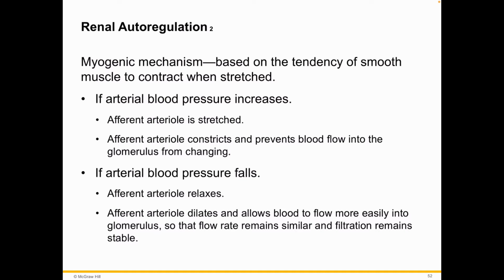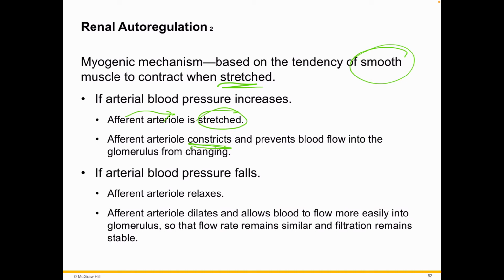Okay. So in terms of the muscle one, the myogenic one, this is referring specifically to the smooth muscle, and it's based on a stretch reflex. If we feel that the arterial blood pressure is increasing and we have that stretch reflex sensed in the afferent arteriole, the input arteriole, we can do a constriction as a response, and that prevents so much blood from flowing into the glomerulus, and reduces the pressure.